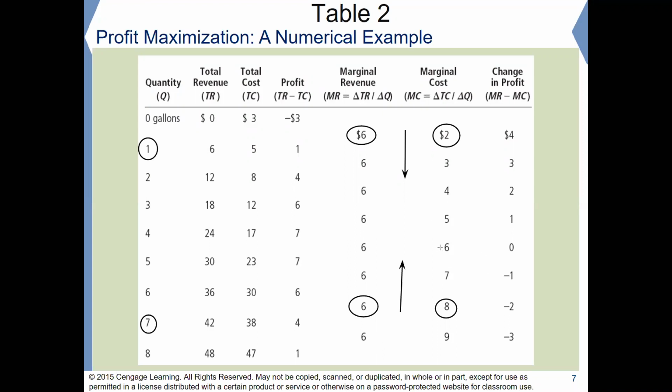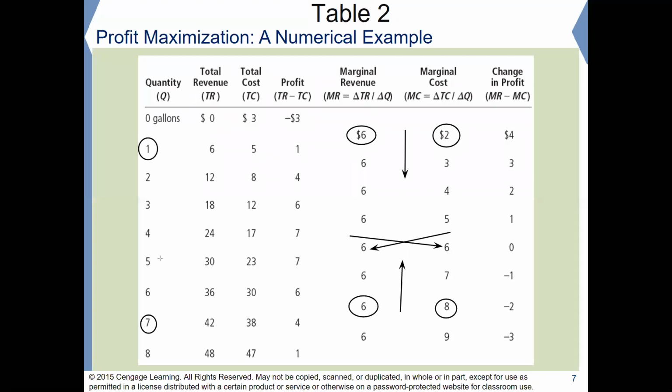And this is the point where the marginal revenue is equal to marginal cost: 6 and 6. So this is the place where the profit is maximized, a very good profit. So they should produce 5 units.